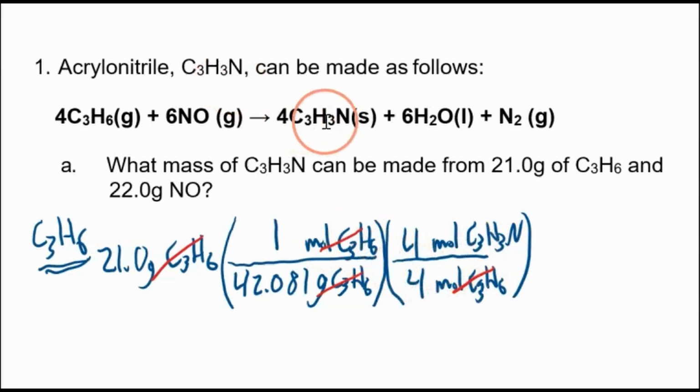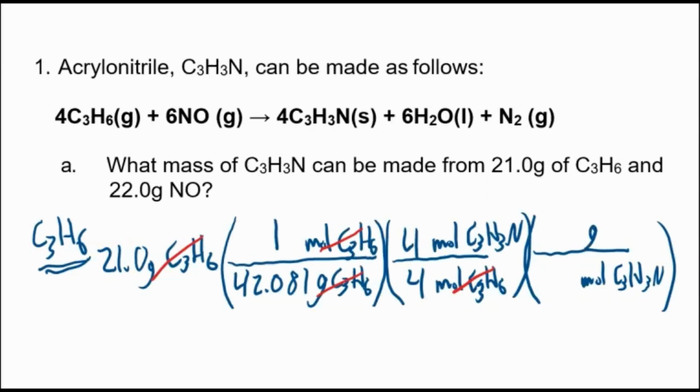Okay, so now that we have moles of C3H3N, we can go to mass. And we want moles of C3H3N to cancel out. And we want to know how many grams of C3H3N there are. For every 1 mole, if we look at the periodic table, add up the molar masses of all these elements, we should get 53.064 grams.